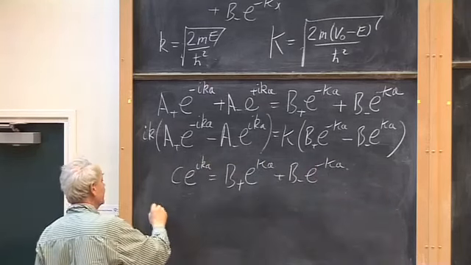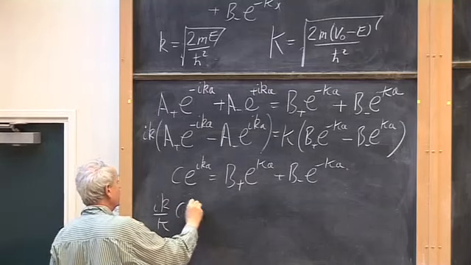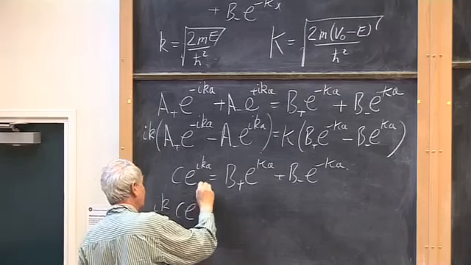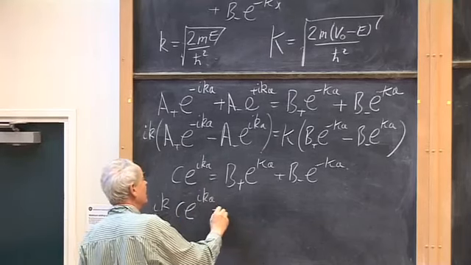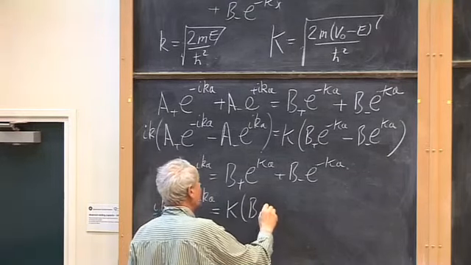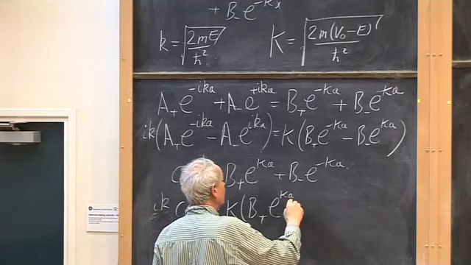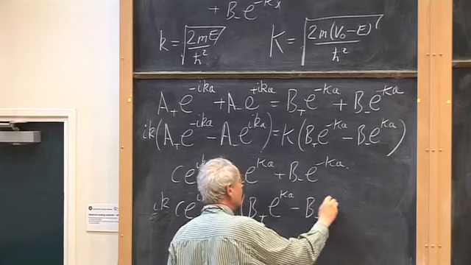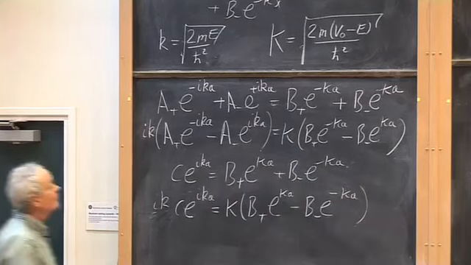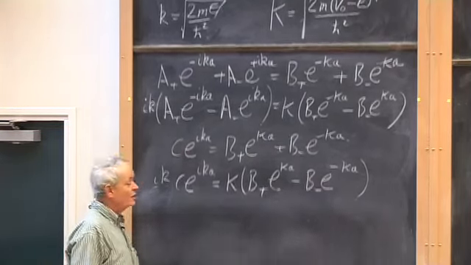And we have that ik over k of c e to the ika, that's the gradient on the right side, is equal to big K, common factor, (b plus e to the Ka minus b minus e to the minus Ka), close bracket, and I live in hope and some anxiety that those equations have been correctly stated.